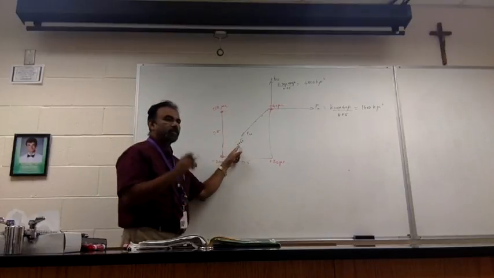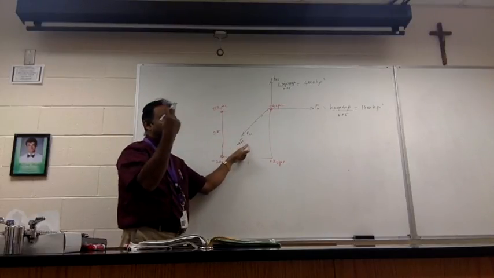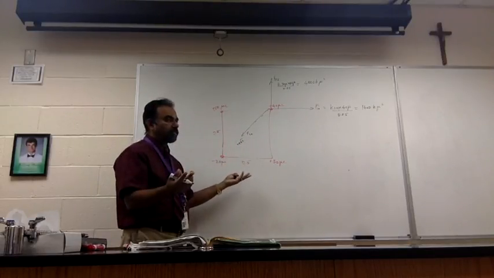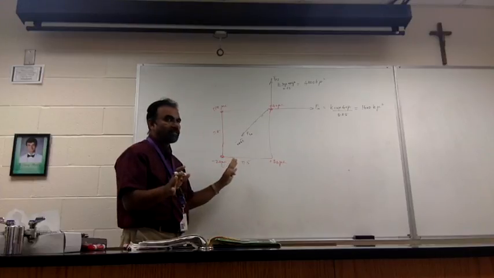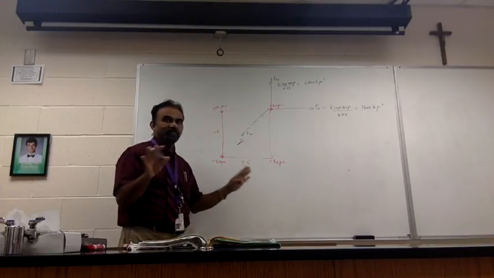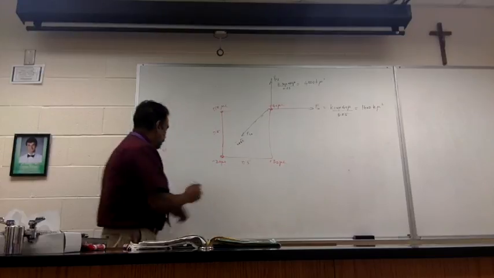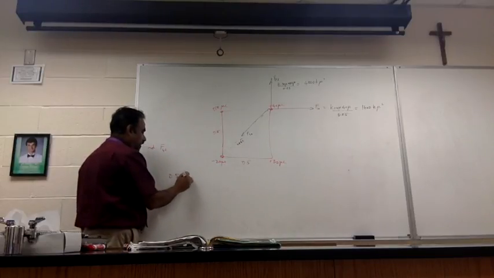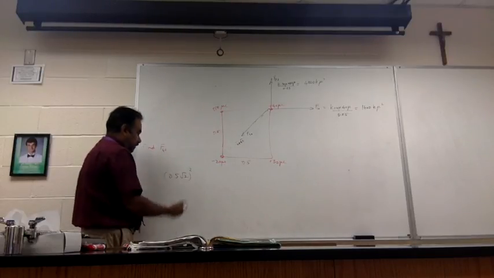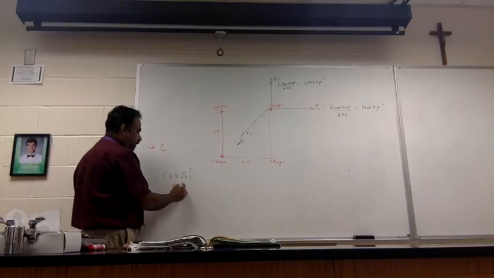So 0.5 squared is 0.25 and radical 2 squared is 2. Okay? Is everyone on the same track? 0.5 radical 2 squared becomes 0.25 times 2, which is 0.5.